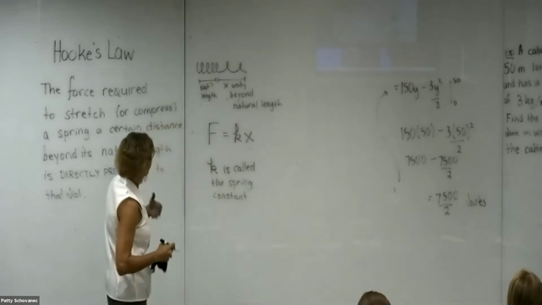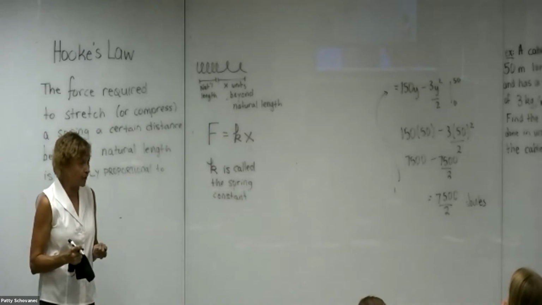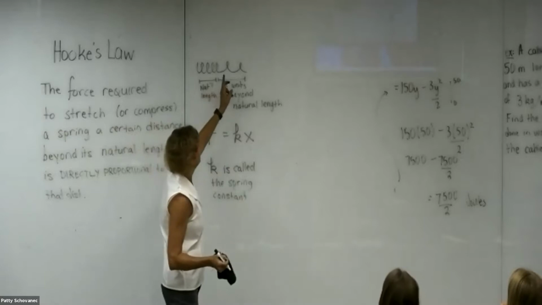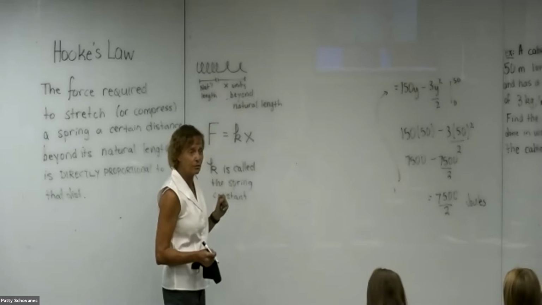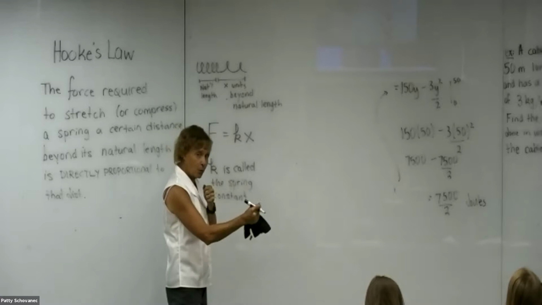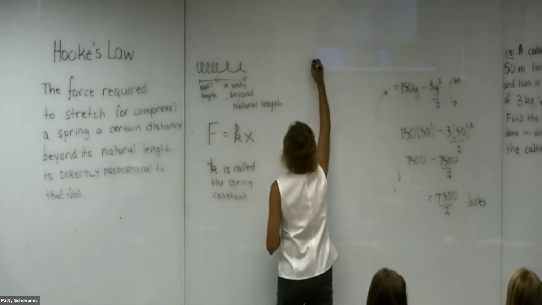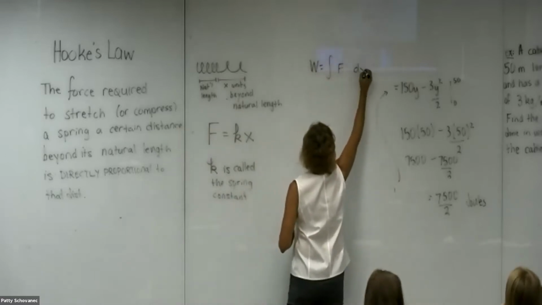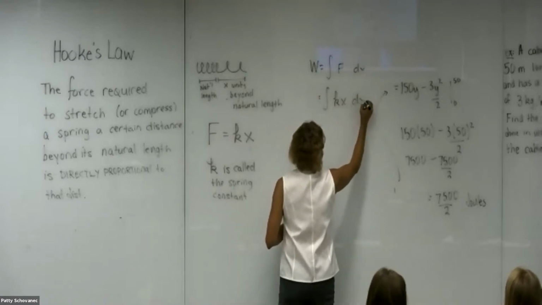If that's the force, and I want to compute the work done in stretching the spring, there has been some displacement. It's variable, it depends on x, so it will be cut up into little dx intervals. My work can be written as a definite integral of the force times the distance: k times x times dx.